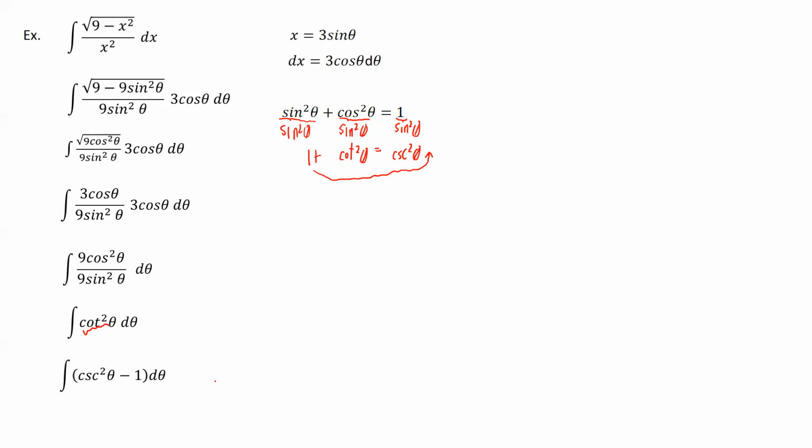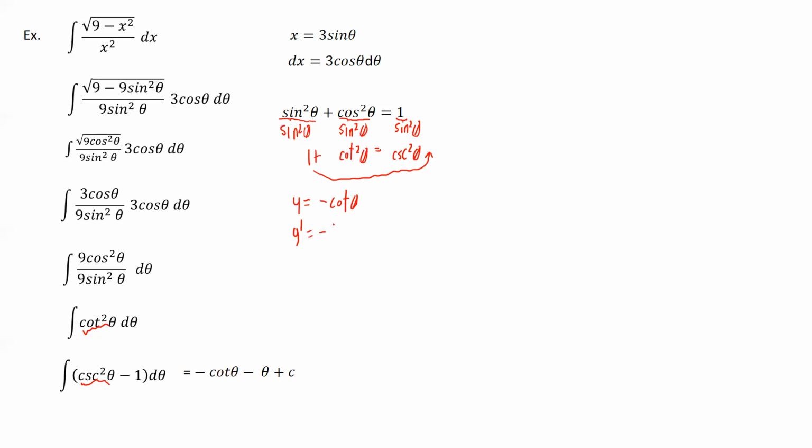How does that help? We know the antiderivative of cosecant squared. What has a derivative of cosecant squared? I think the derivative of cotangent is negative cosecant squared. So to end up with a positive, we have to put another negative over here. So let's figure that out one more time. If y were to equal negative cotan theta, what would the derivative be?